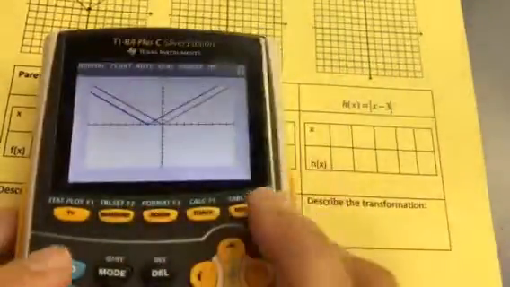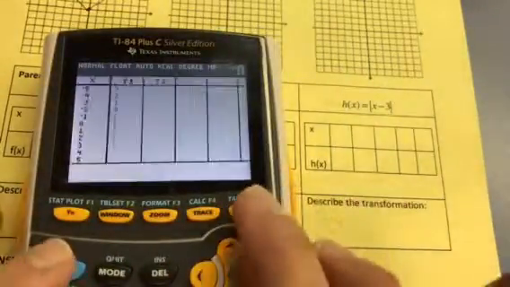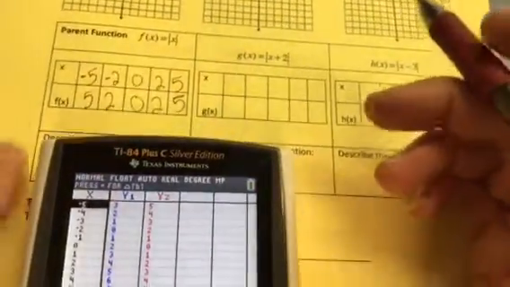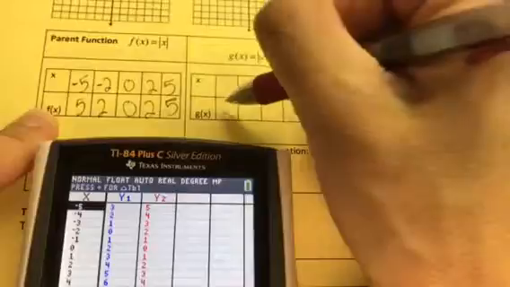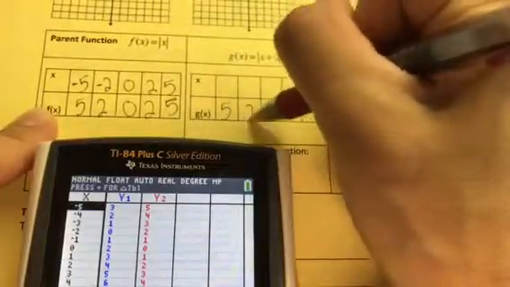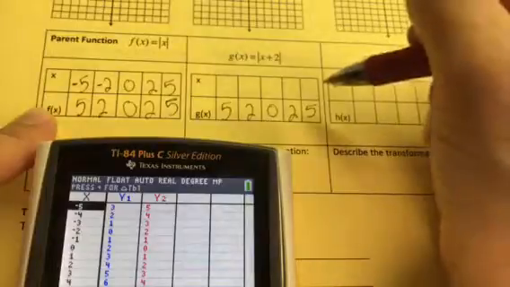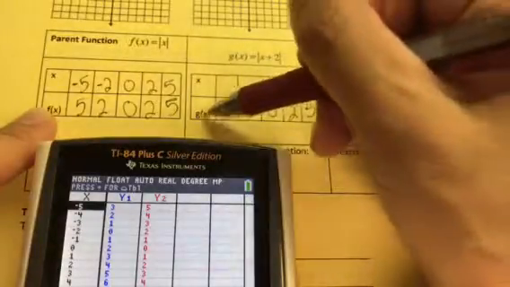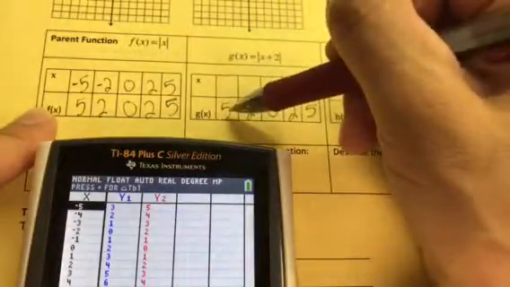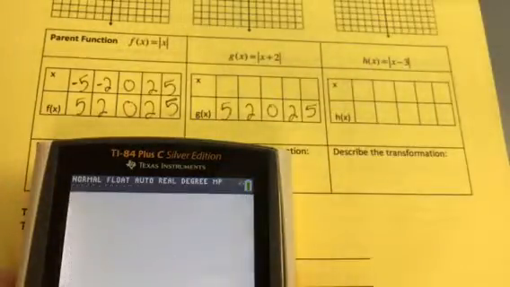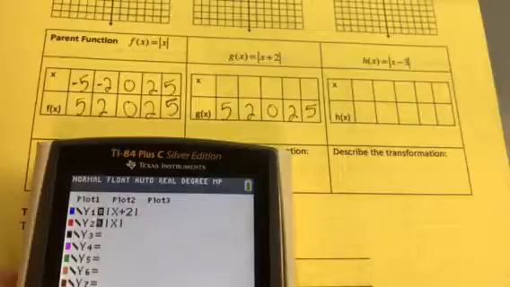So what we're going to do is go to our table, and we're going to write these values down. What is going to stay the same this time are the y values. Okay? And what I want you to see is if y, which we're calling g of x, is this number, what's the x that we got? So let me change my table here a little bit so you can't see all those numbers.